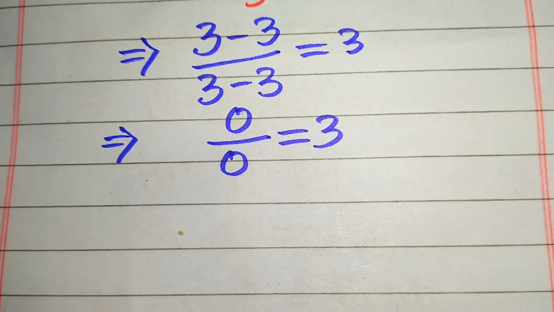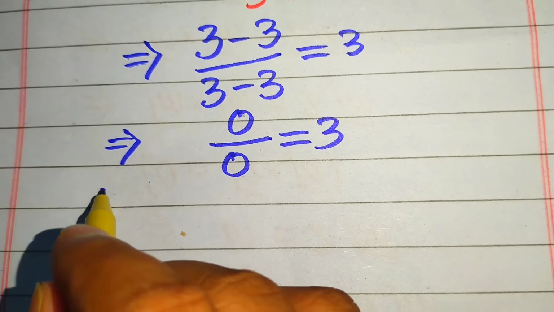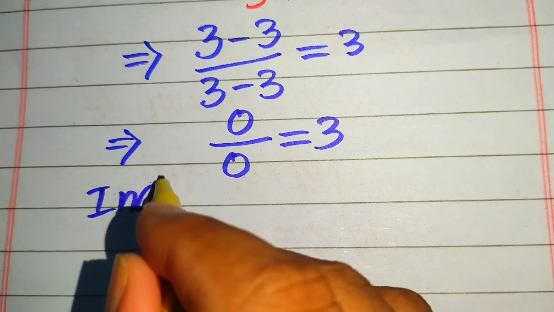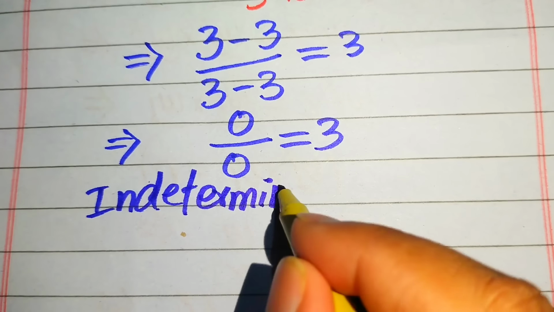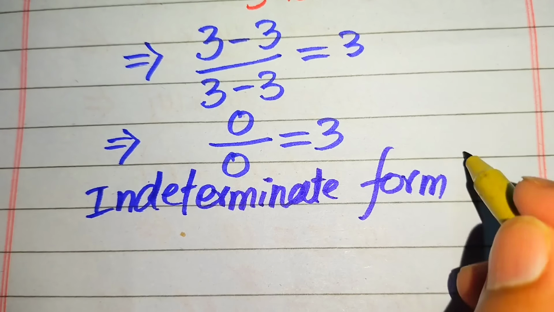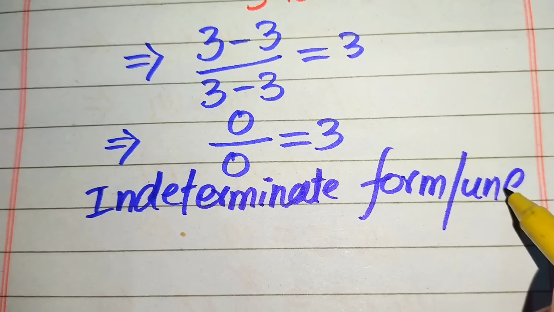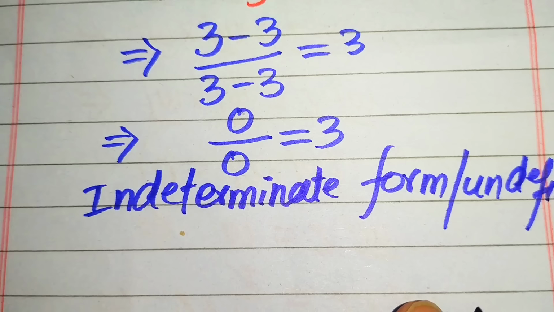You see that the left hand side becomes 0 over 0 form, which is usually called an indeterminate form. If the left hand side is indeterminate, or undefined, we say that both sides are not equal.